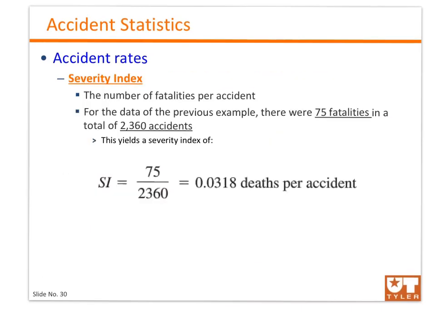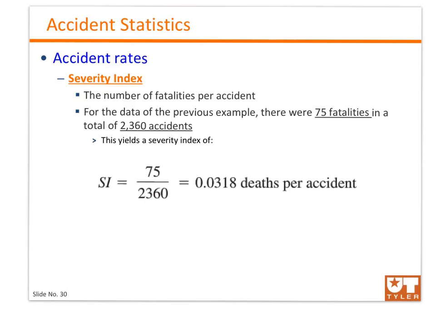Now I can move to another type of accident rate, which is the severity index. Severity index is the number of fatalities per accident, as simple as this. So it's a simple rate that relates the number of fatalities over the number of accidents happened.